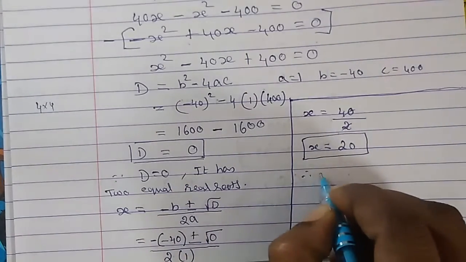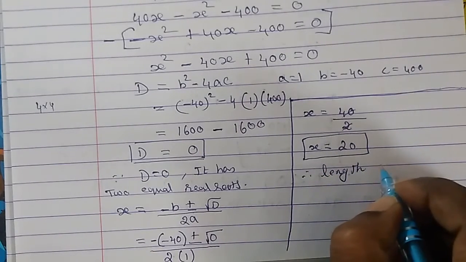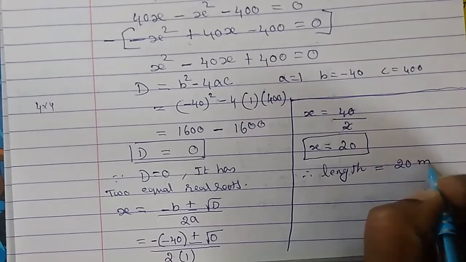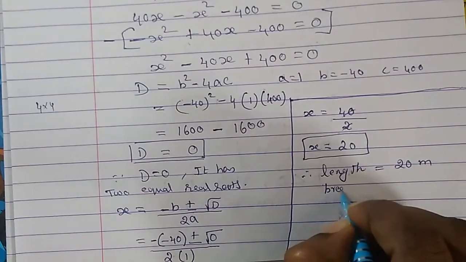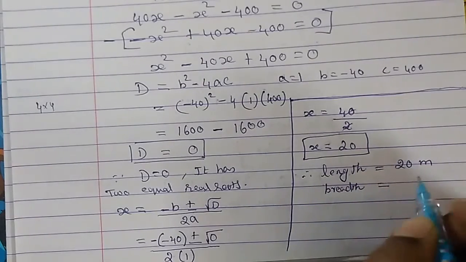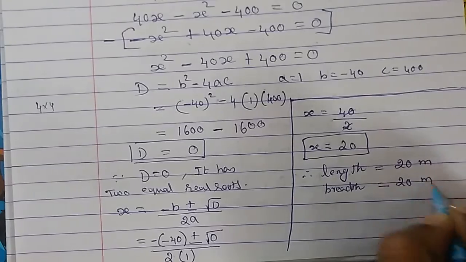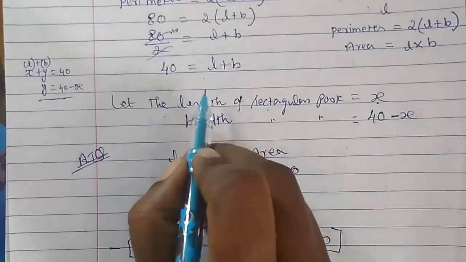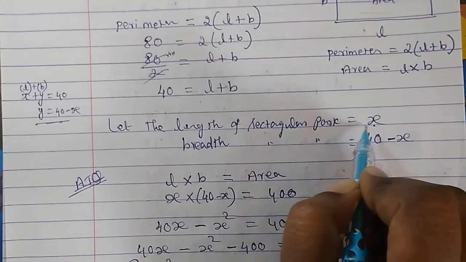Therefore length of the rectangular park will be 20 meter and the breadth also will be 20 meter. You see here, length of the rectangular is x we said.